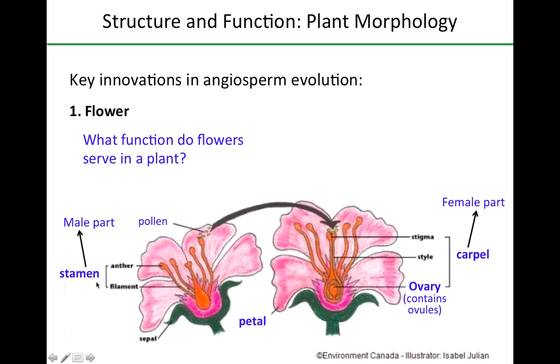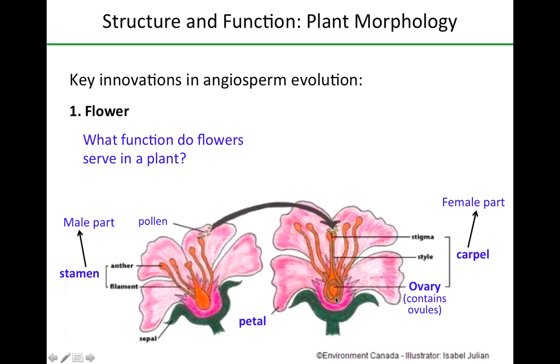So for the stamen, remember this is the male reproductive part, the main function of the stamen is that it produces and displays pollen, which remember has the male gametes inside. The carpel contains the ovary, and the ovary was also a trait that evolved within the angiosperms only.